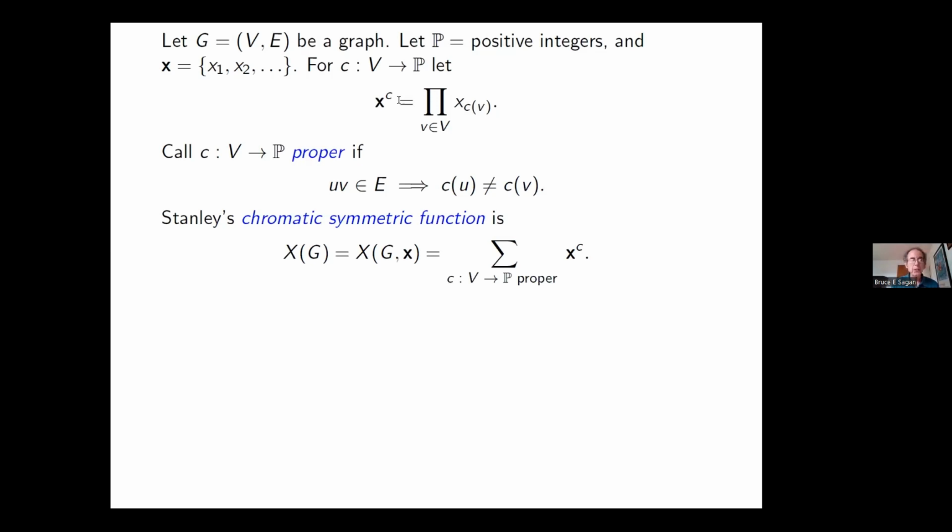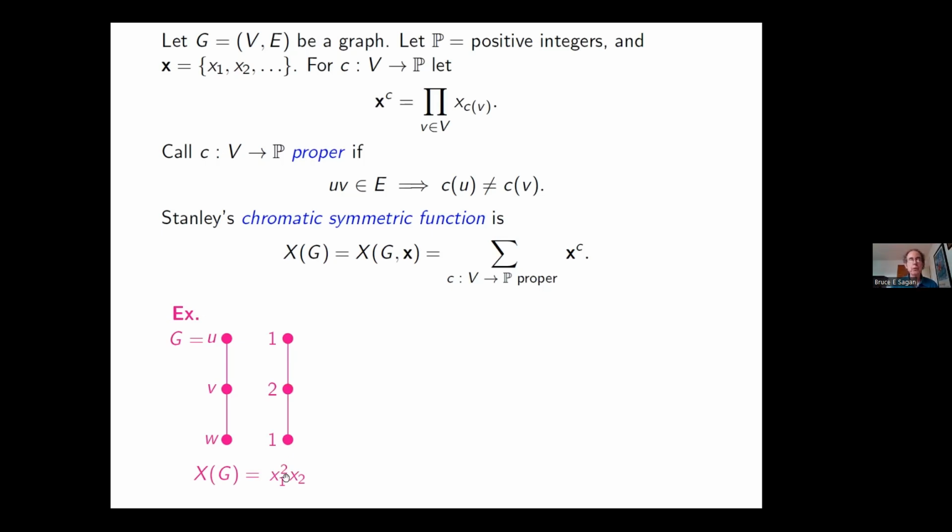So in case you haven't seen this before, let's do a quick example just so that you can get a feel for what's going on. So there's my graph, the path with 3 vertices, and I'm going to compute X of G. Well, let's start off real simple. What if we're only going to use the colors 1 and 2? Well, in that case, there's a couple of ways to do it. I could put 1 at the endpoints and 2 in the middle, right?